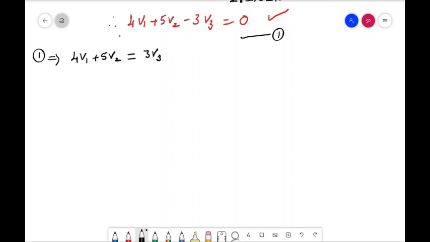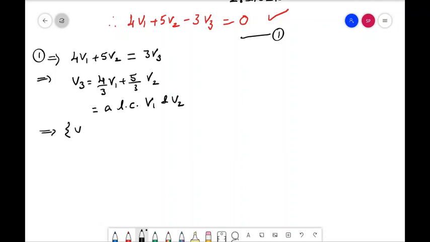That implies v3 is equal to 4 by 3 v1 plus 5 by 3 v2. What do we mean by this? V3 is a linear combination of V1 and V2. So that implies the set containing V1, V2, V3 is not linearly independent.